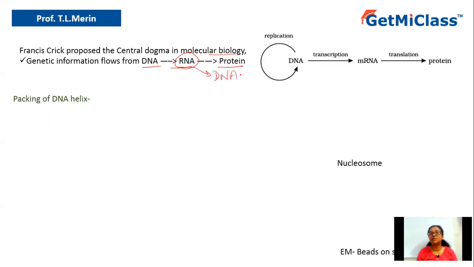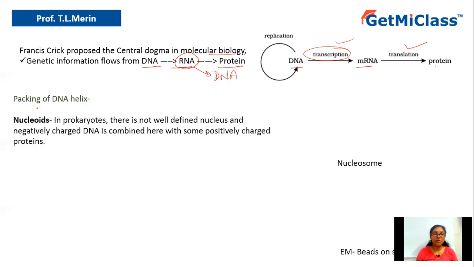That is called as reverse transcription. But normally, this is the central dogma: DNA to RNA, RNA to protein. Okay, so this, or you can say formation of RNA using DNA as a template, it is called as transcription. Further, mRNA giving rise to a protein, it is called as translation. Okay, these 2 points are very important.